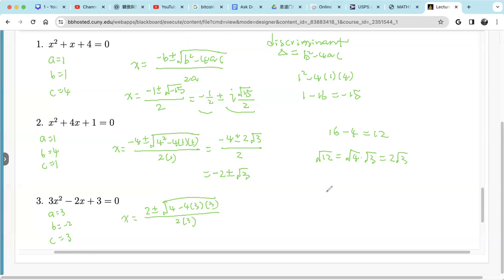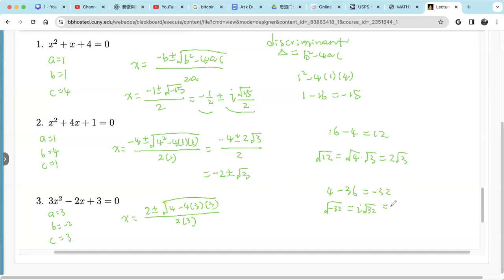Let's calculate again on the side. So I have 4 minus 4 times 3 times 3, 36. So we get negative 32. The square root of negative 32 equals i square root of 32.